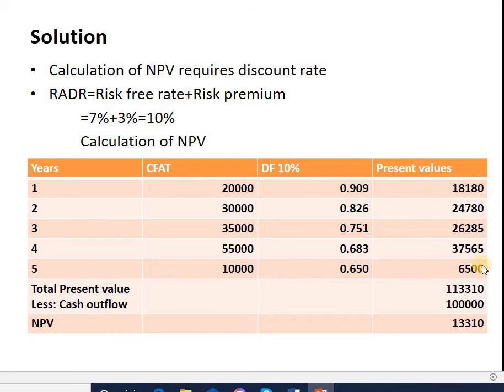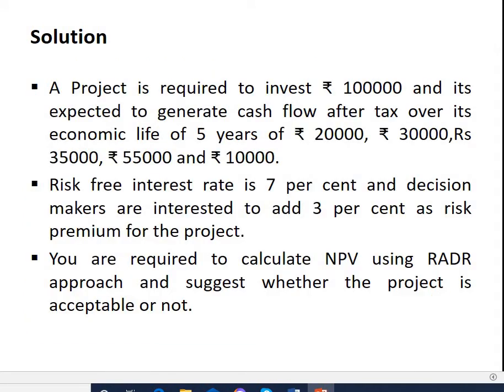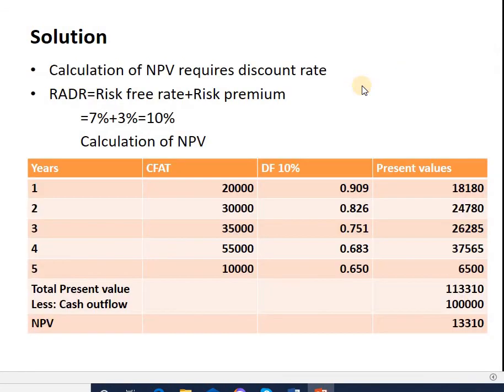We add all these values and it comes to 1,13,310. That is the total present value. To get the net present value, we deduct the cash outflow, which is 1 lakh. So our net present value is 13,310.